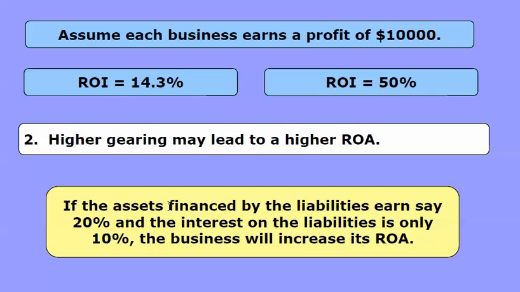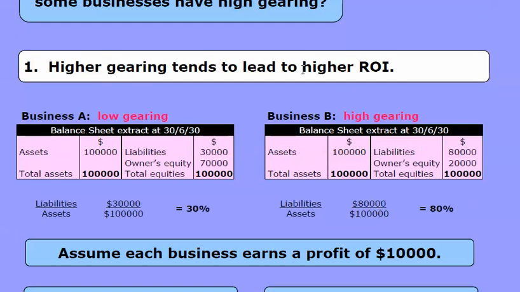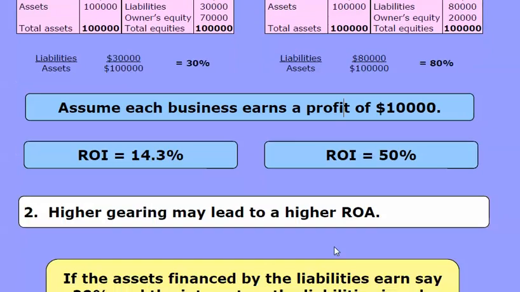Those assets generate a higher rate of return than the interest on the borrowed money. The business is better off. So higher gearing can lead to higher levels of profitability, both in terms of the return on assets and the return on owner's investment. Higher gearing can be associated with higher rewards.